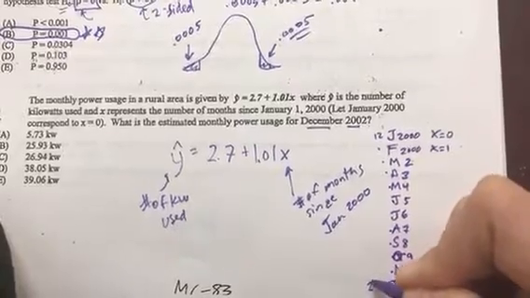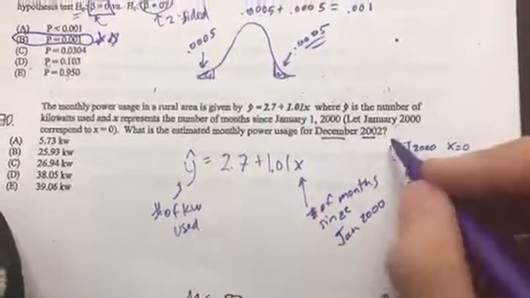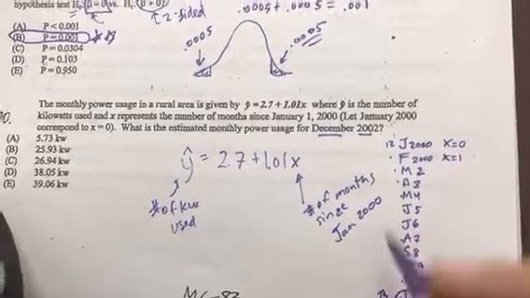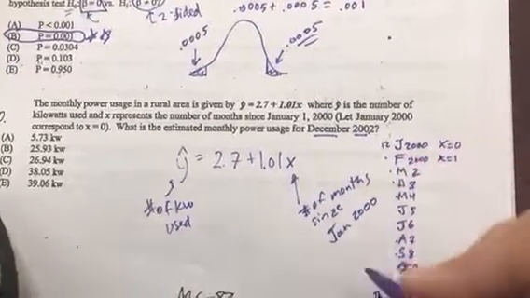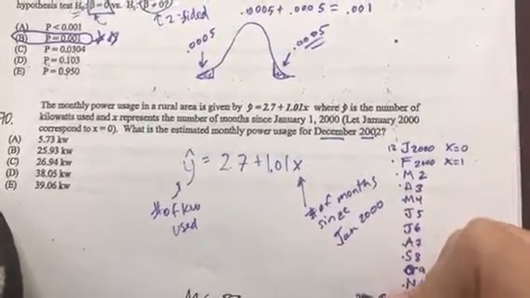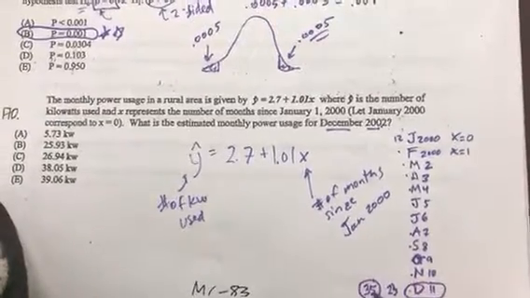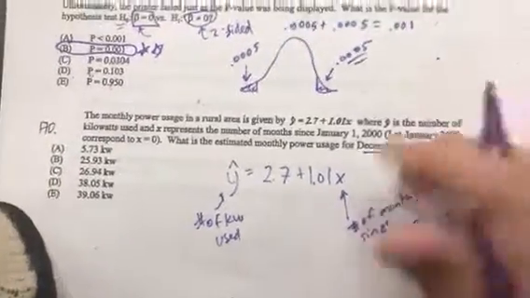So I added another 12 to 11, and that would be for December 2001. To get up to 2002, I just need to add another 12, which would be 35. So just 1 month shy of 36 months, which is the same as 3 years.